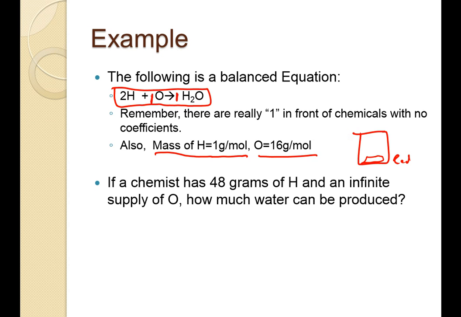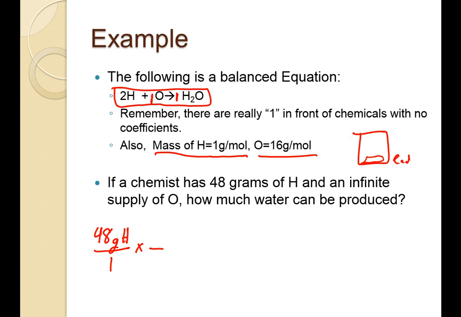So, if a chemist has 48 grams of hydrogen and an infinite supply of oxygen, how much water can be produced? So just like in factor label, the first thing we're going to do is take our opening number and put it over 1. So we have 48 grams of hydrogen. We'll put that number over 1.